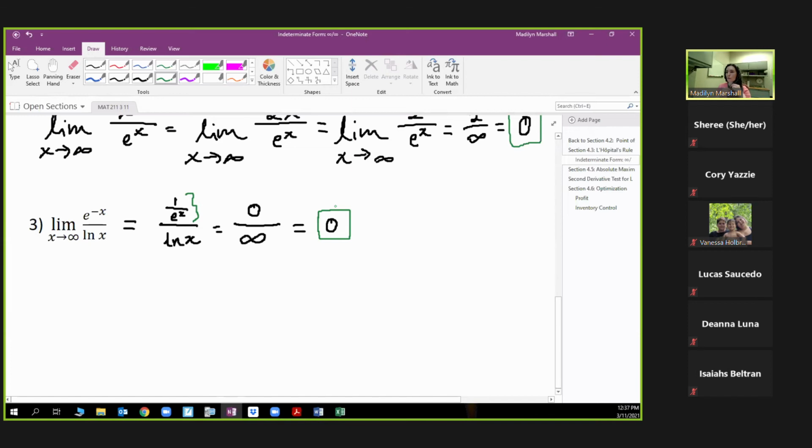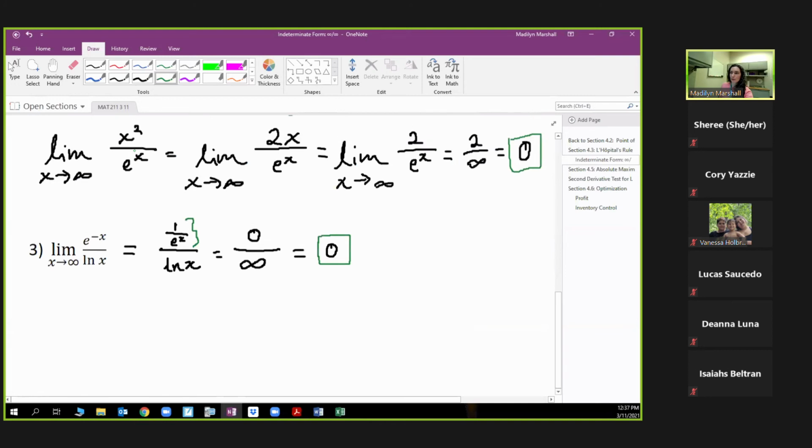So this works any time we have a quotient of two functions, some function over another, and if we try to plug in that number or plug in infinity, if it goes to 0 over 0 or infinity over infinity, we have to use L'Hopital to help us.